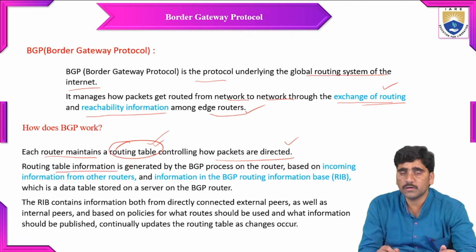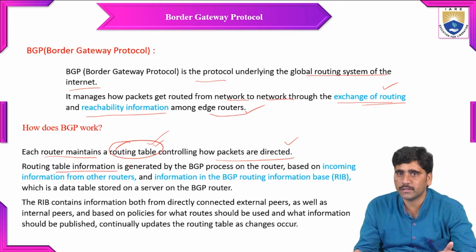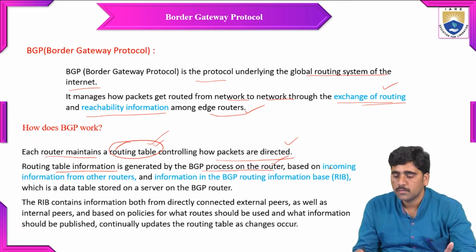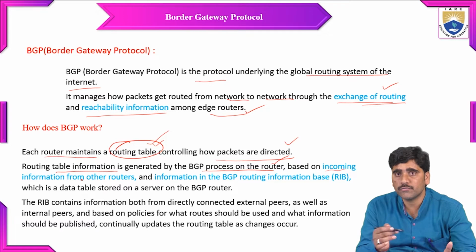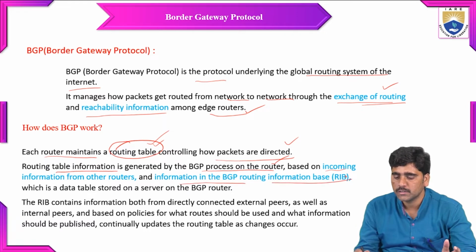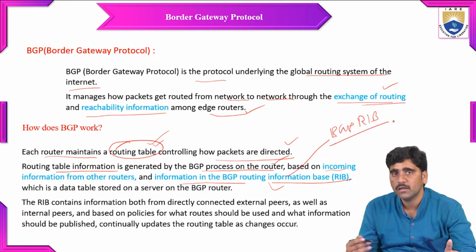Routing table information is generated by the BGP process on the router based on incoming information from other routers and information in the BGP routing information base, that is the BGP RIB.